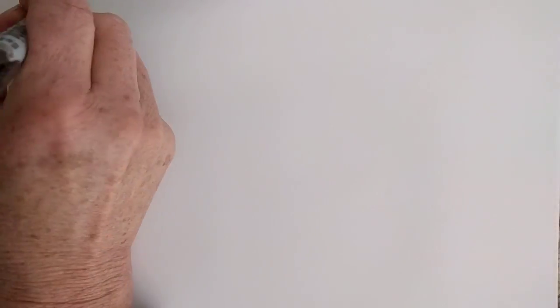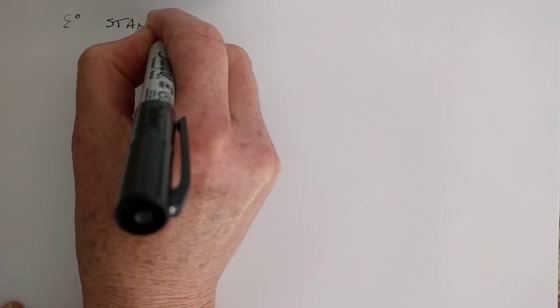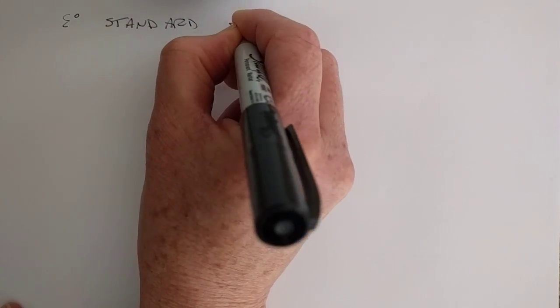All right, so let's take a look. We have our E0, which is standard state for all reactants and products. And we're going to use our delta G equation to get an equation for the E value.